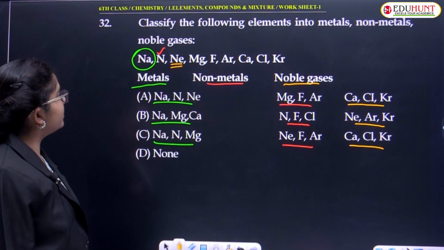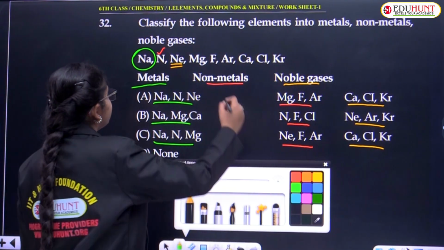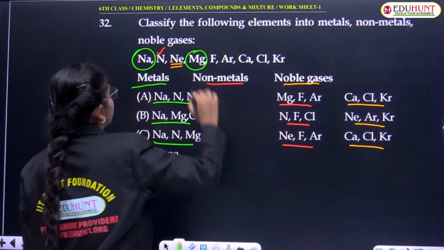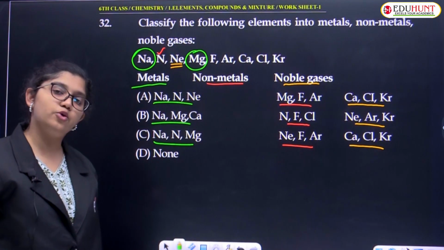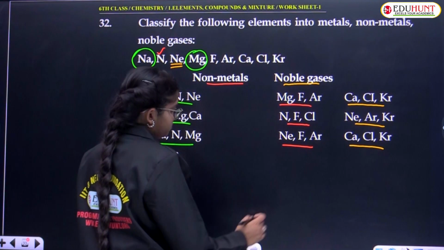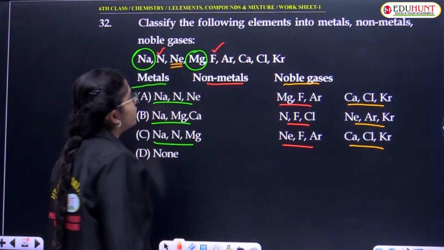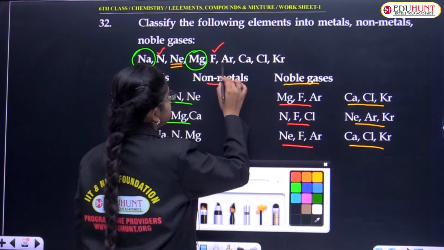Now, magnesium is a metal again. Fluorine is a non-metal. Argon is a noble gas.